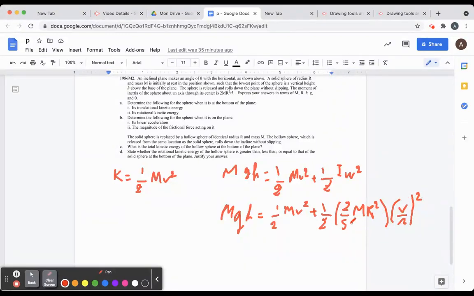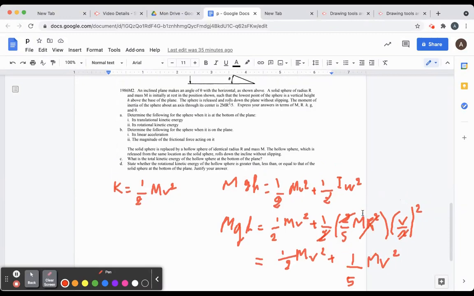So then we will find 1/2 mv square plus, by doing some math here and removing the 2's, we will find 1/5 mv square. This r goes with this r, and it gives us 1/5 mv square.